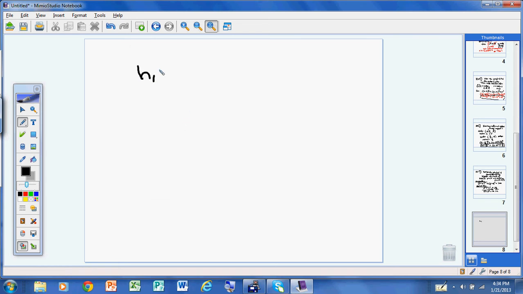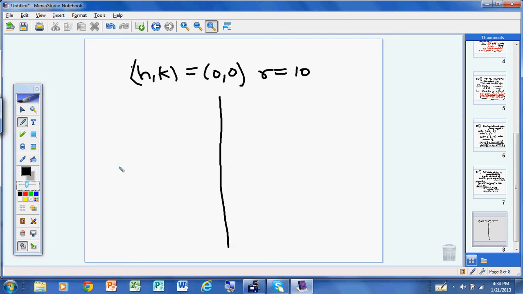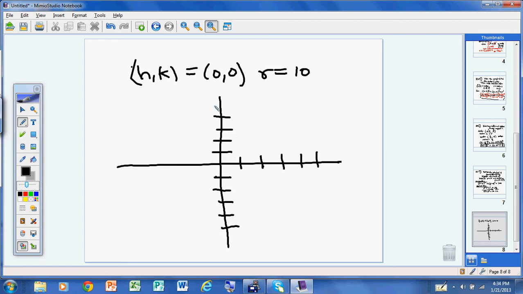Okay, so the HK was again 0, 0, right? And the radius was equal to 10. Always pay attention to what your units are saying. A lot of times they'll do it by 2s, it may do it by 1s. I'm going to do it by 2s here. So these are by 2s.